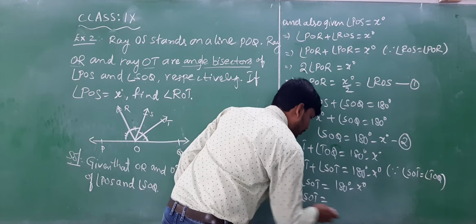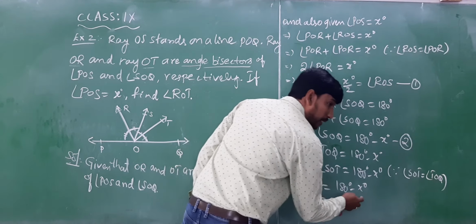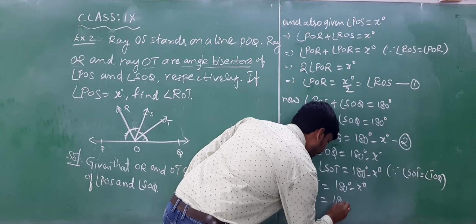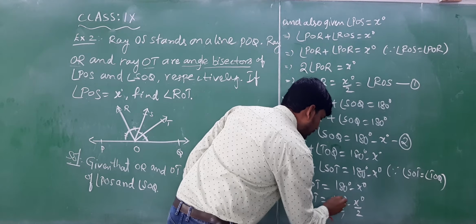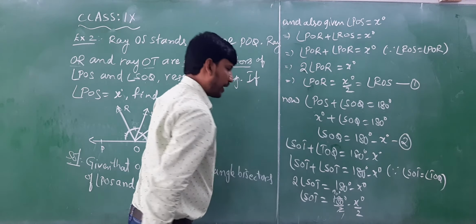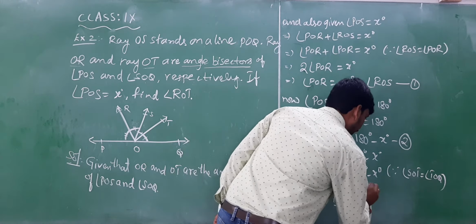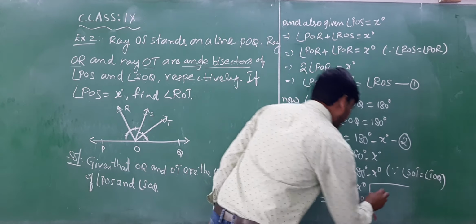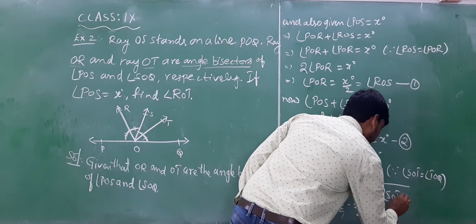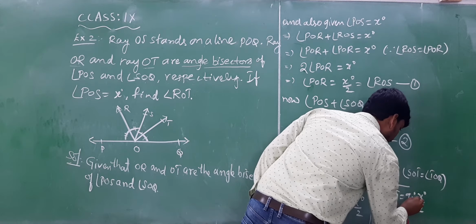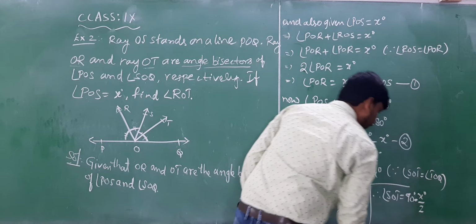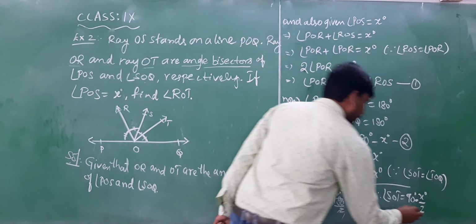By transposing 2 to the right hand side, it will become division. So 180 by 2 minus x degrees by 2. 2 ones are 2, 90. Therefore, angle SOT is equal to 90 degrees minus x by 2. Clear? This is equation number 3.